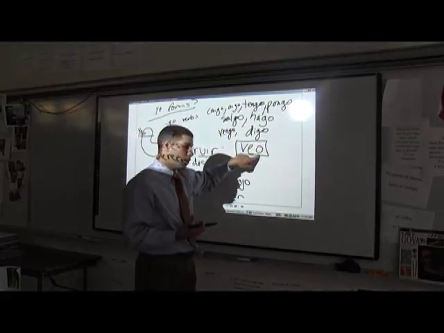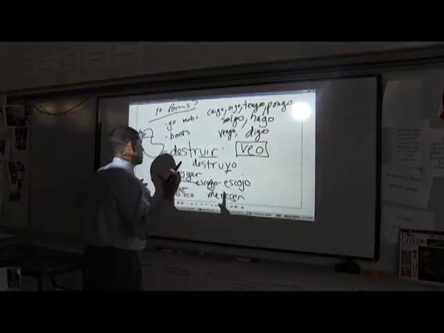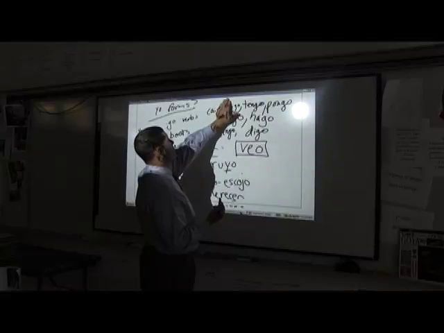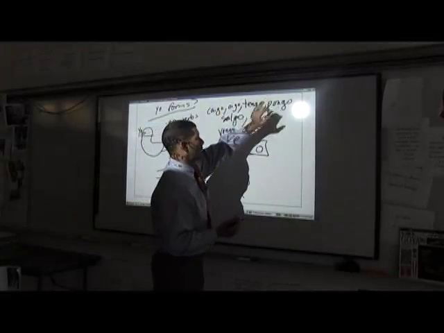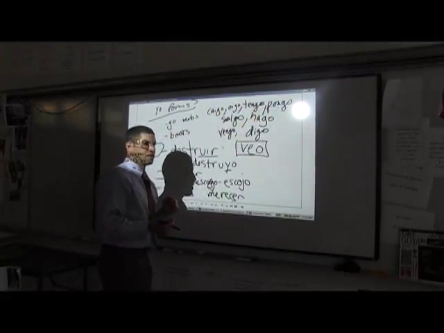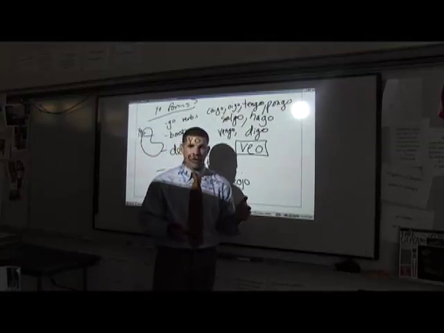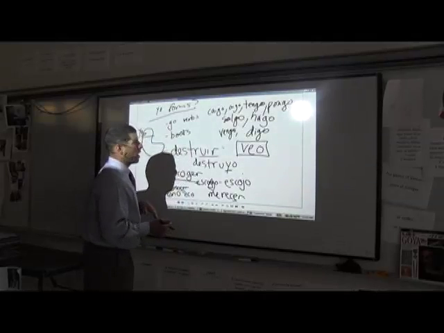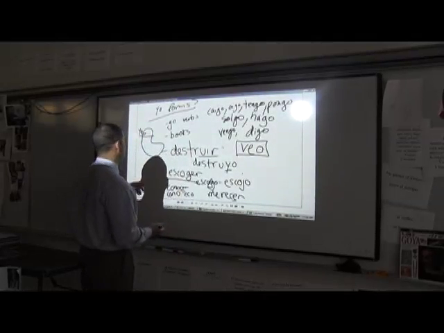Ver is actually veo. We keep the e in there. So those you have to think of. Your stems for all these, for caer would be caig, tener would be teng. So if you're saying to somebody, don't have a good day, no tengas un buen día. So that's tough.